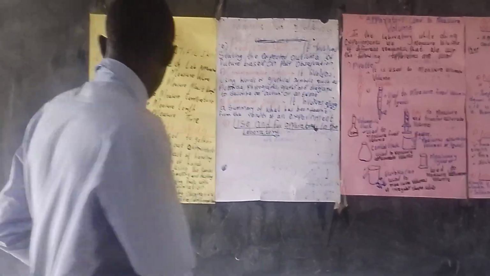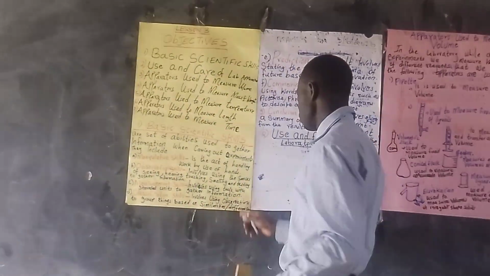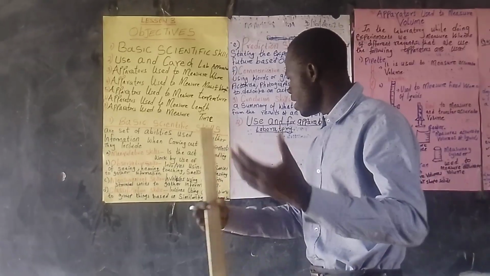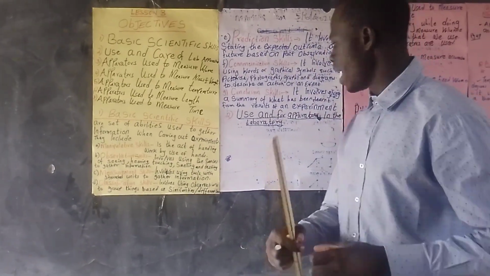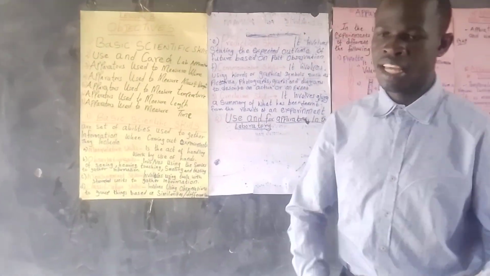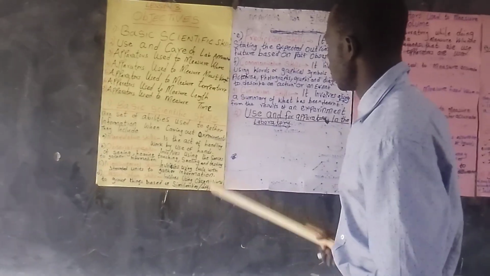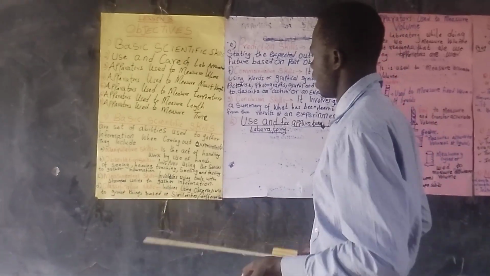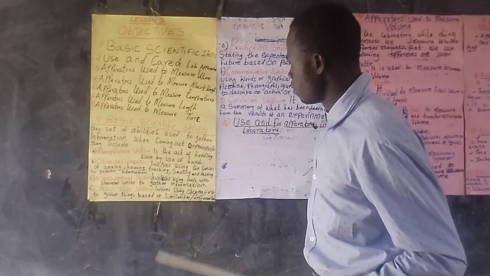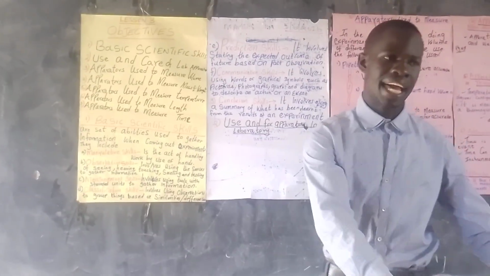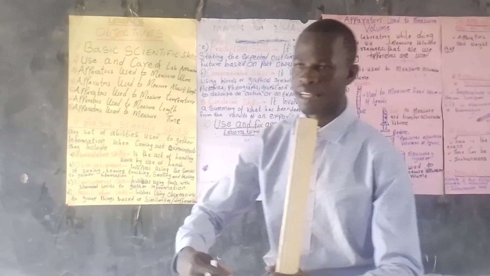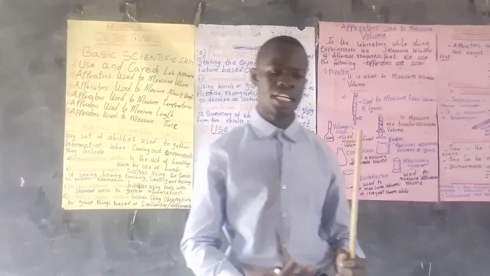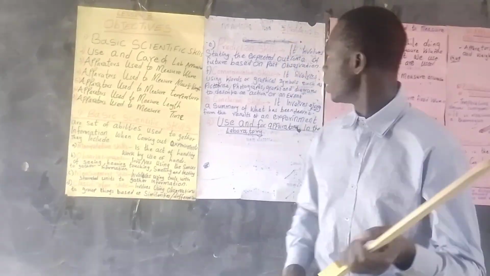Classification skill. Classification skill involves using observation to group the things based on similarities and differences. Dear students, when you are doing a practical, you can classify things according to the similarities or the differences that exist between the things that you are doing.